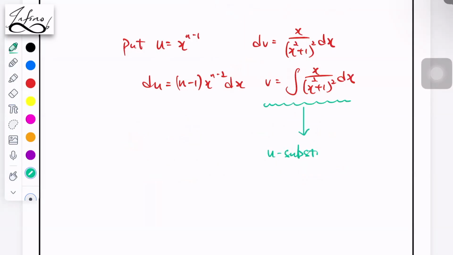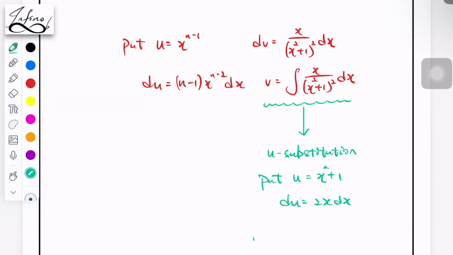We put another u. Remember, they're just dummy variables, and that's why this green u is different from the red u. So u equals x squared plus 1, and then du is just 2x dx.